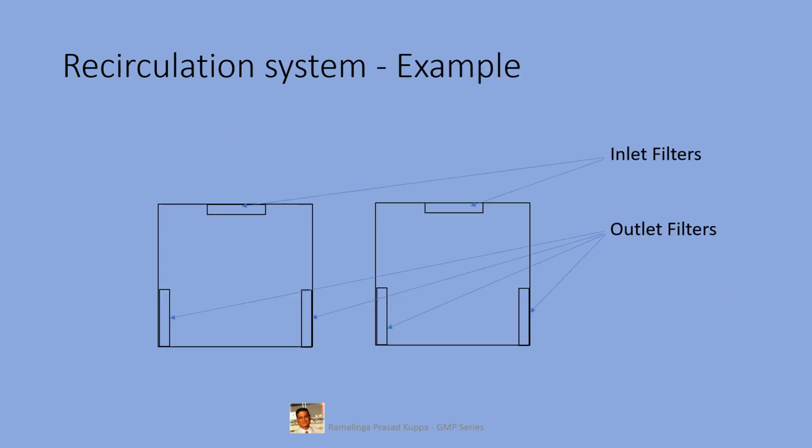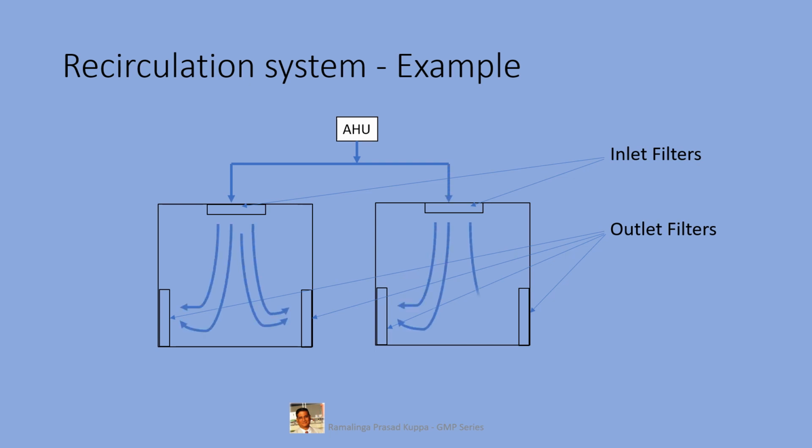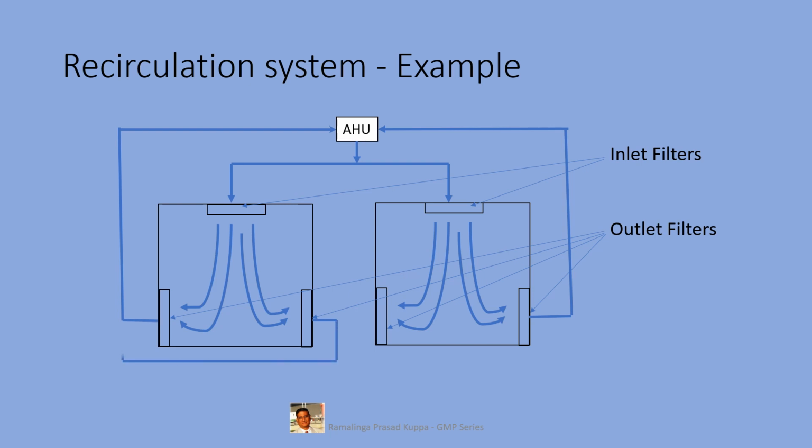Let us see one typical example of a recirculation system. In this drawing, we have two clean rooms with inlet filters and outlet filters. The outlet filters are located on the lower side of the room. You have an air handling unit which pumps fresh air into the room for effective flushing, and the return goes back to the air handling unit for filtration and recirculation.